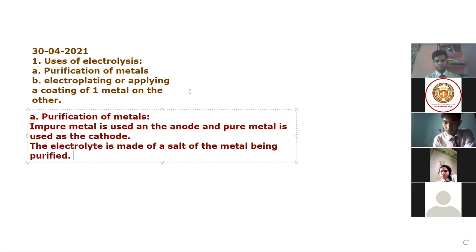Electrolysis is only used for highly reactive metals, right? Good question. We have also come to know that electrolysis is used in the extraction of copper as well. Copper is not a highly reactive metal, but sodium is.